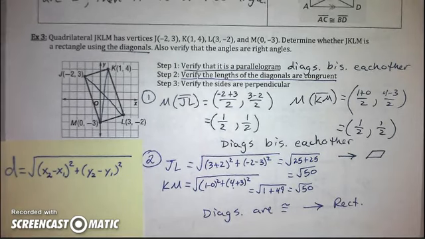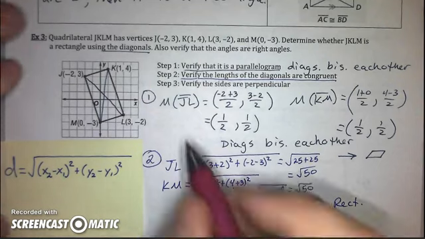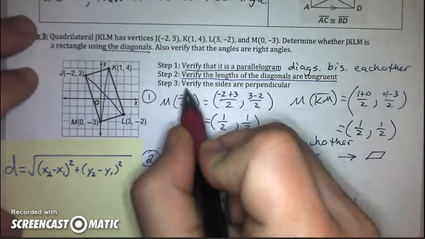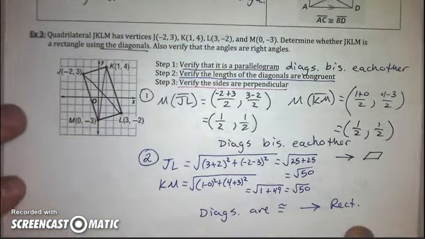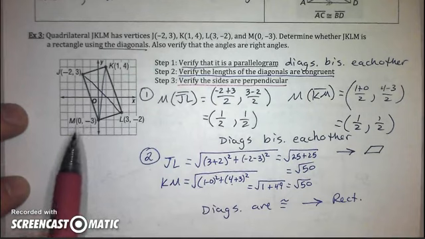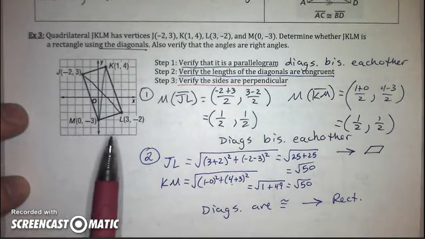And now we also want to verify the angles are right angles, so we're going to verify the sides are perpendicular, and to do that we're going to use their slopes. And remember that if lines are perpendicular, they have opposite reciprocal slopes.